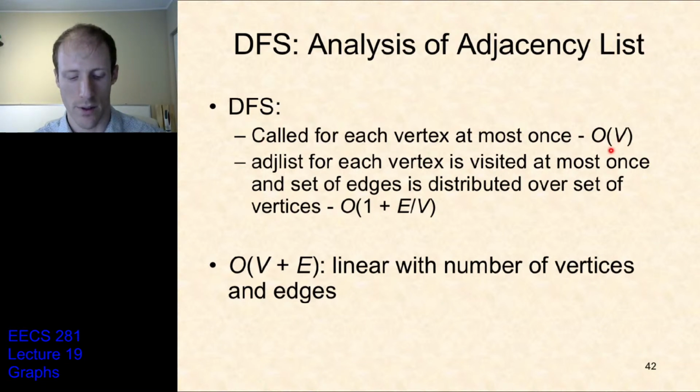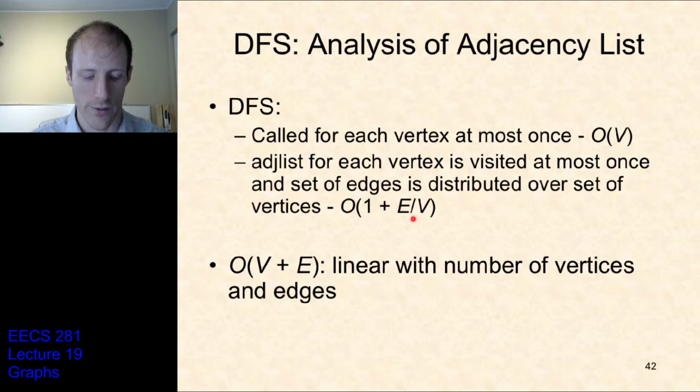So that's on the order of V times that we need to get an adjacency list. The other thing we're going to need to do is walk through all of our adjacency lists. Each adjacency list is going to be on average length E over V. And so walking each adjacency list is going to take on the order of E over V time.